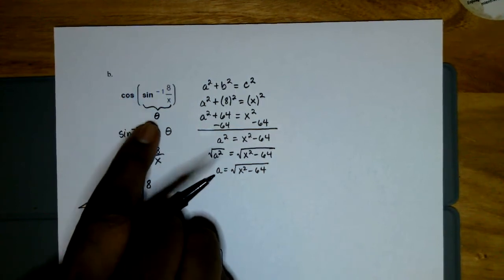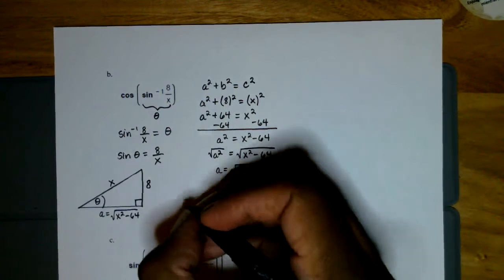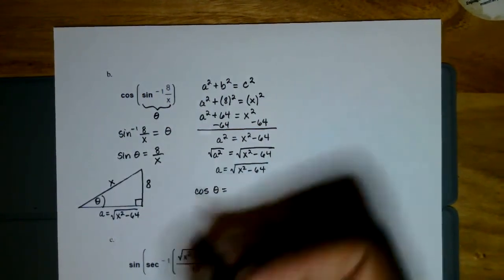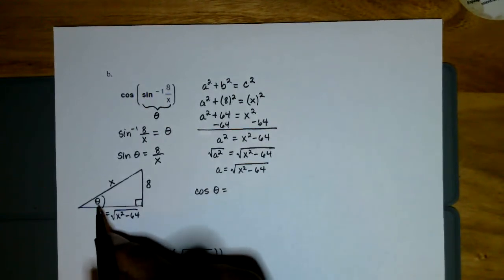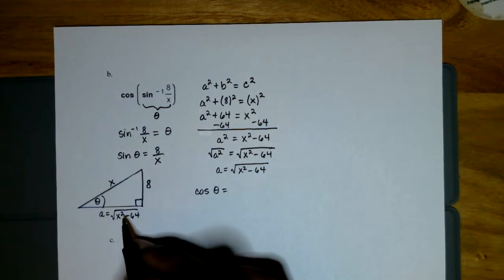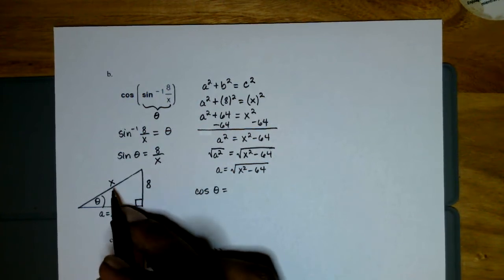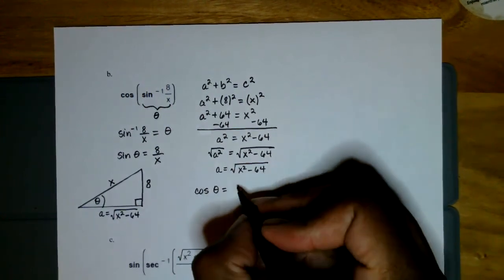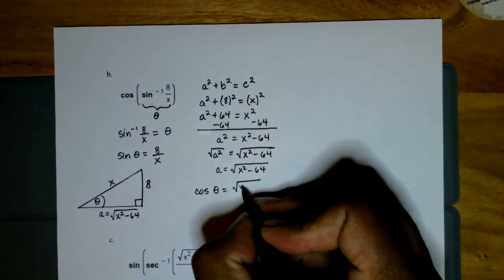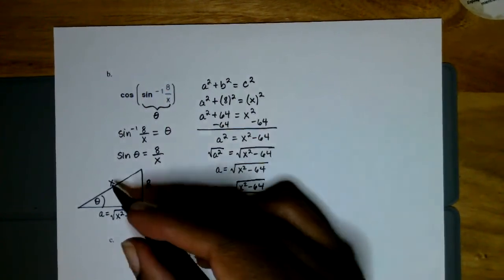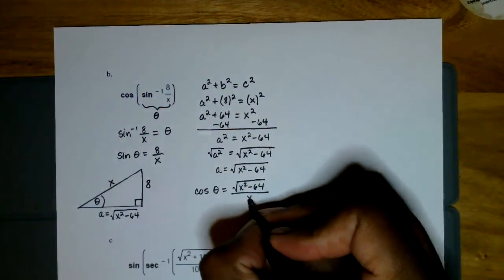So we're finding the cosine of theta. And the cosine of theta is always the adjacent side over the hypotenuse. So the adjacent side of angle theta will be the square root of x squared minus 64, divided by the hypotenuse, which is x.